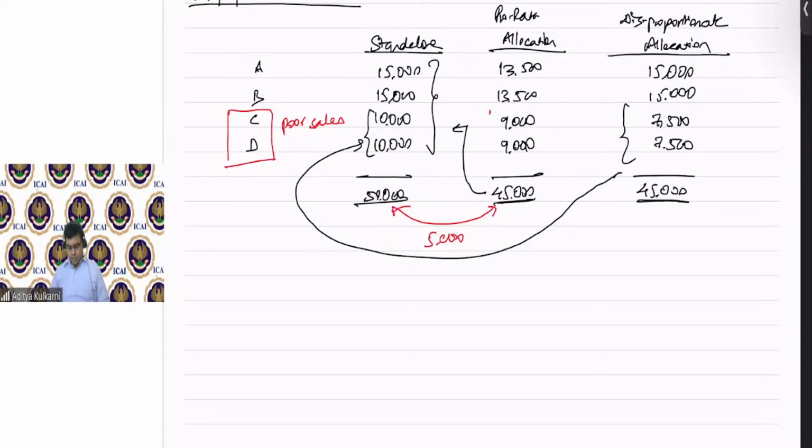So the discount of 5,000 is allocated only to C and D. All right. So these are the basic principles of allocation, the basic principles of step number 4.